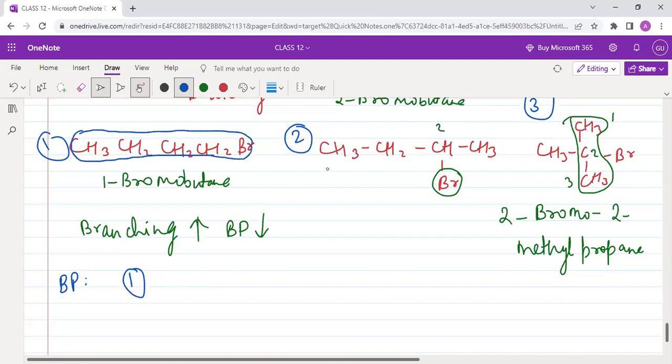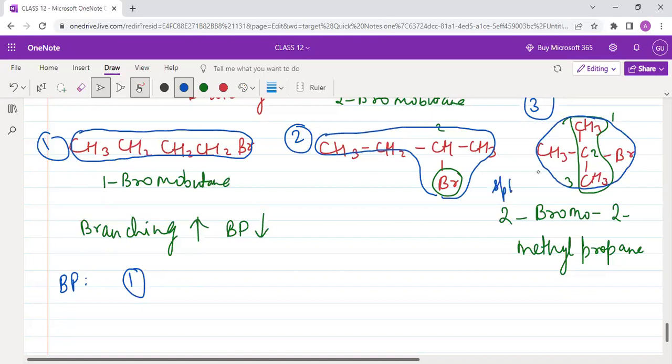With increase in branching, the surface area reduces, and with more branching, it attains the shape of a sphere, as in the third compound. So it has the least surface area, which is why it has the minimum boiling point. The first one has the maximum boiling point, then the second, and then the third. With increase in branching, boiling point decreases. So you can do these types of questions.